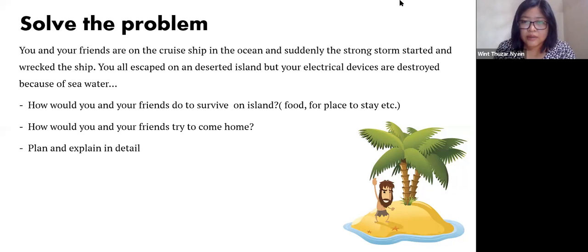For the last time, I will just connect with the... Yeah, I would like to request if you will give me the access for host because I cannot do the breakout rooms.